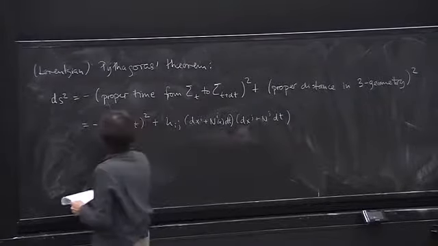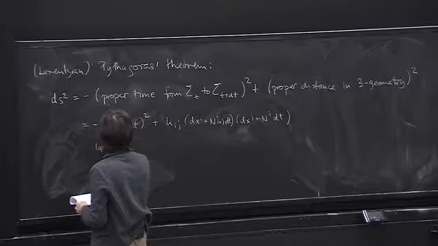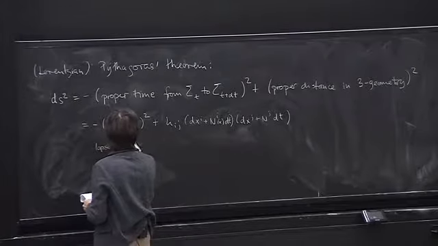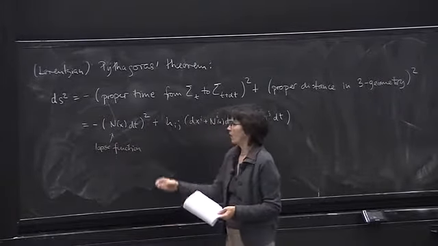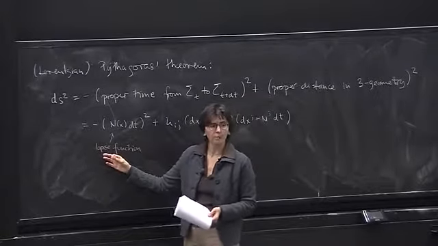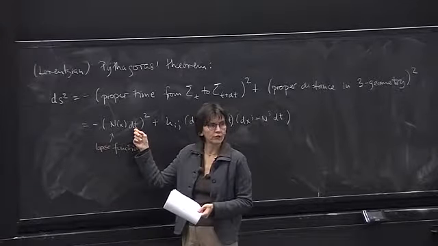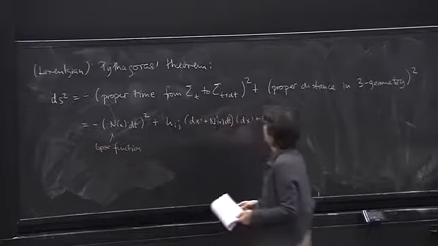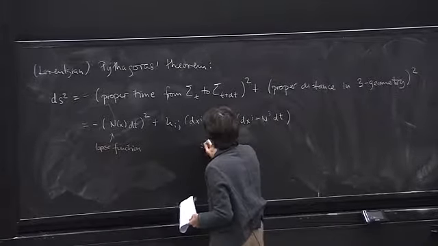This is called the lapse function, because it tells you how much proper time has elapsed when you walk a coordinate distance dt. This thing here is called the shift vector.